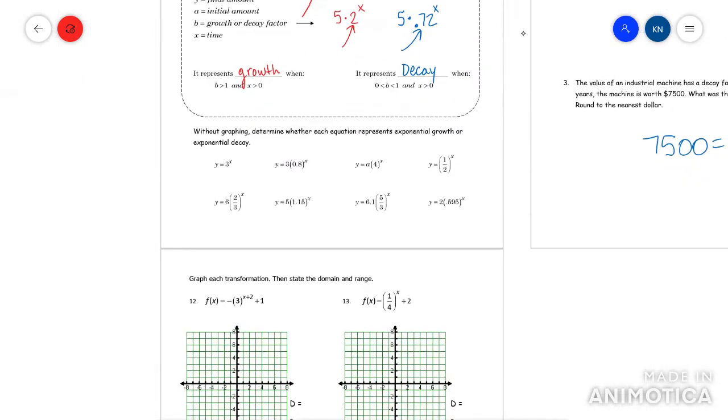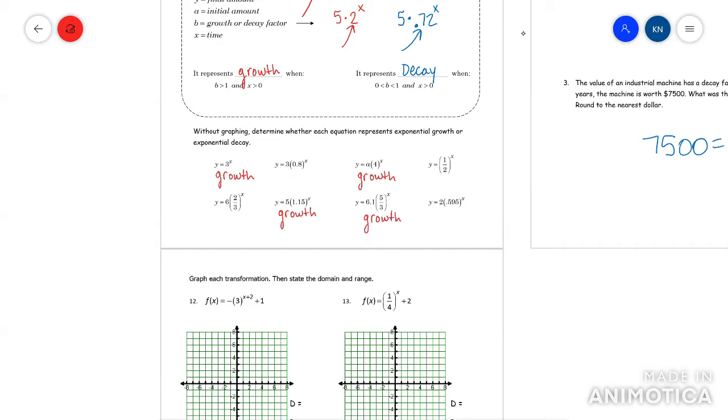So looking at this right here, the first one would be growth because it's a 3. The third one would be growth because it's a 4. And this one down here would be growth because it's 1.15. It's more than 1. And then this one would be growth because 5/3 is greater than 1.